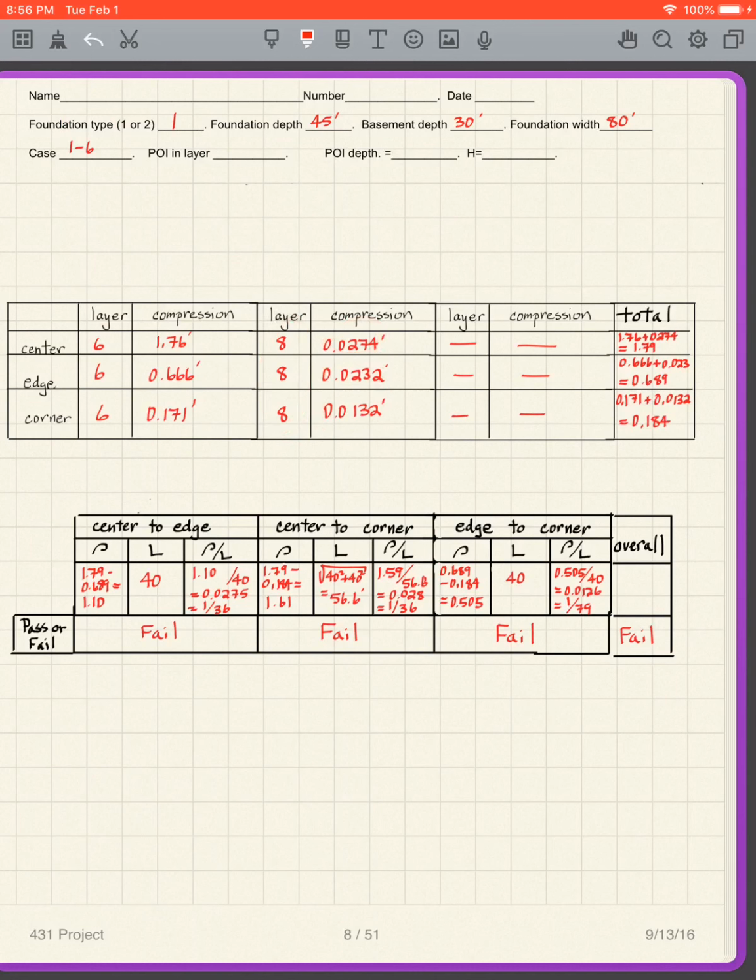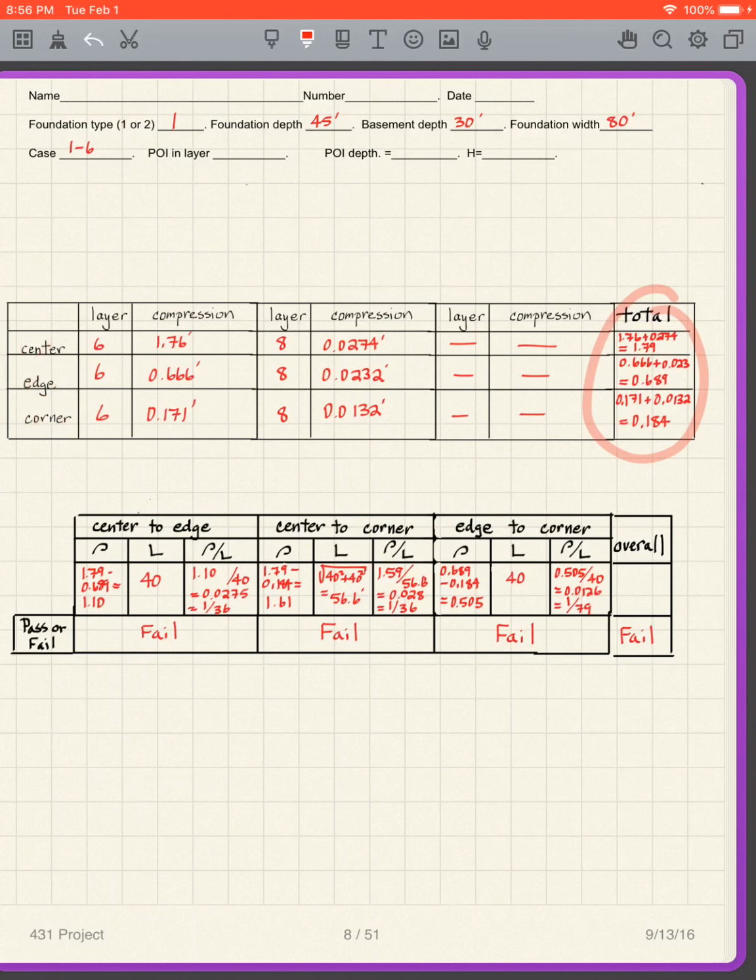So to get my total settlement, I have to add these two to get my total. We didn't have a third layer. We only had 2 layers we had to consider here. So I add these two and get that. I add these two and get that. I add these two and I get that. Now I get my numbers for my settlement. These are my settlements beneath the center, edge, and corner.